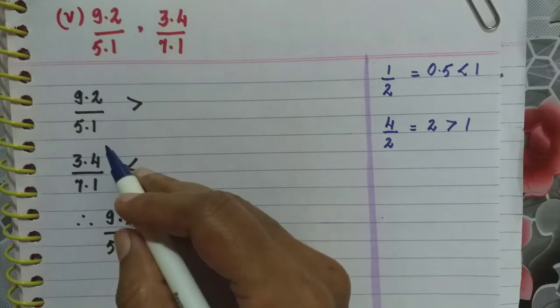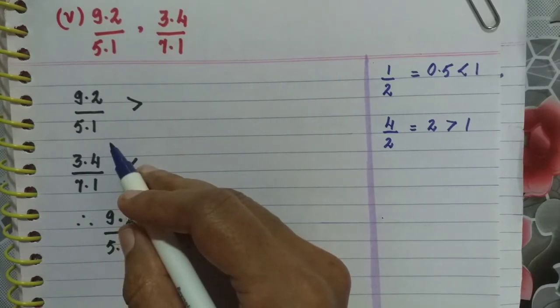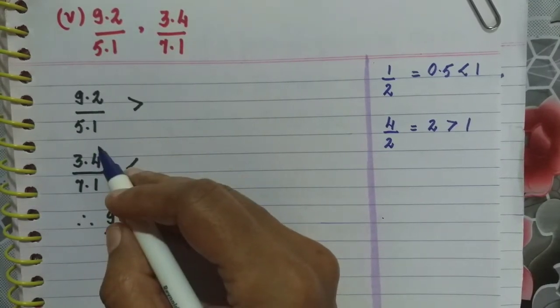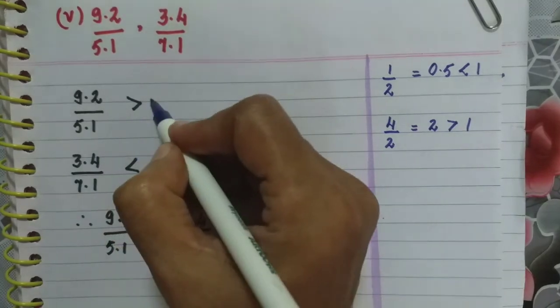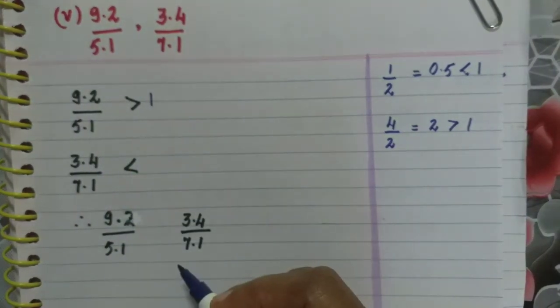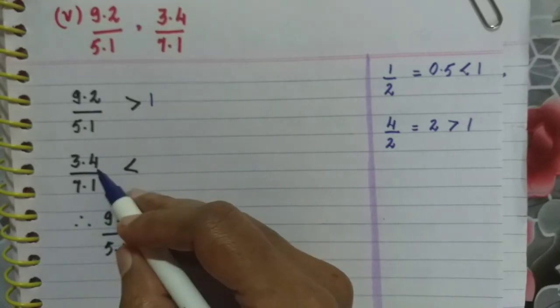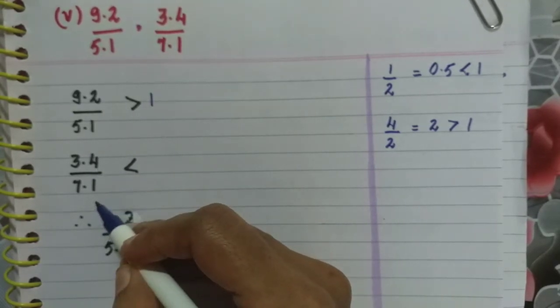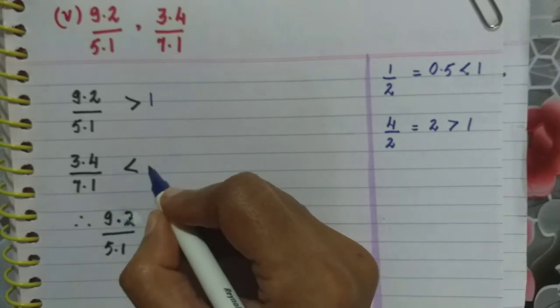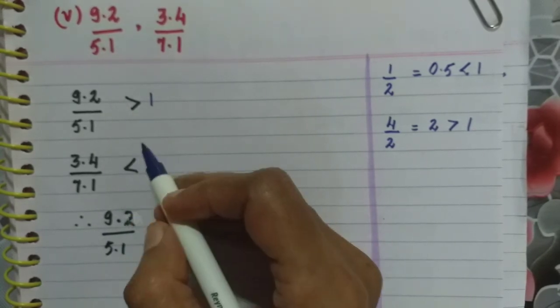So 9.2 upon 5.1, 9.2 is greater than 5.1, therefore the answer will be greater than 1. 3.4 upon 7.1, the numerator is lesser than the denominator, therefore it will be lesser than 1.